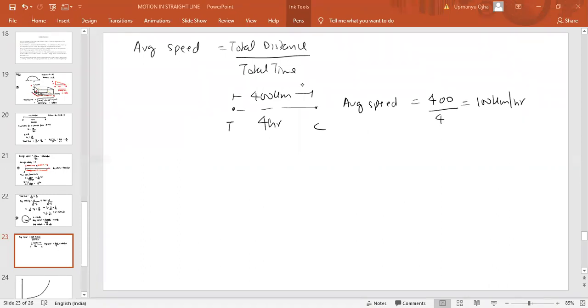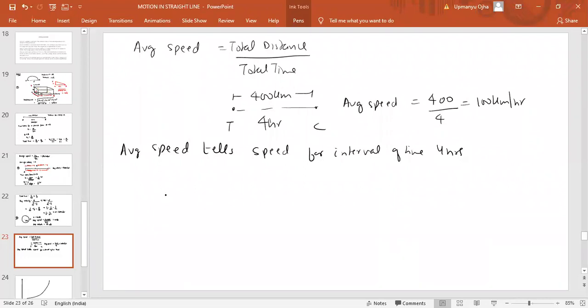Average speed tells us the speed for an interval of time, that is 4 hours. So it helps us to tell the speed of a body for an interval of time, but it does not tell us the speed for any instant of the time.